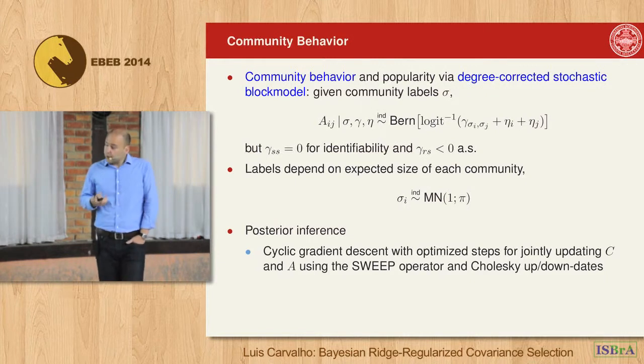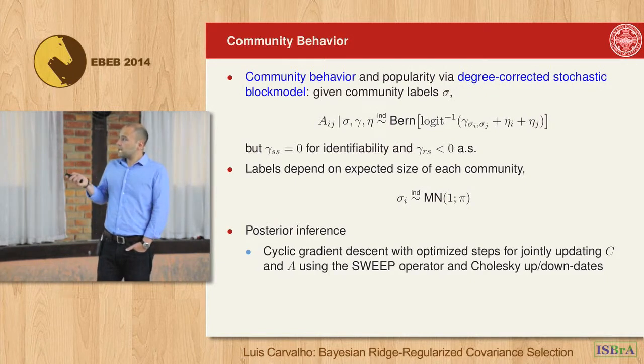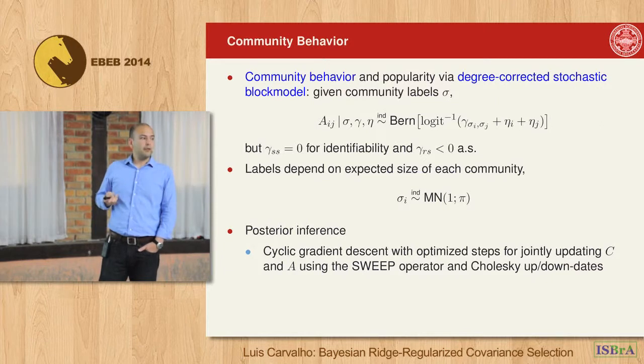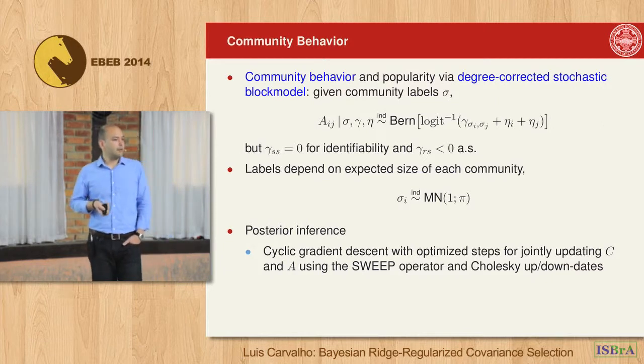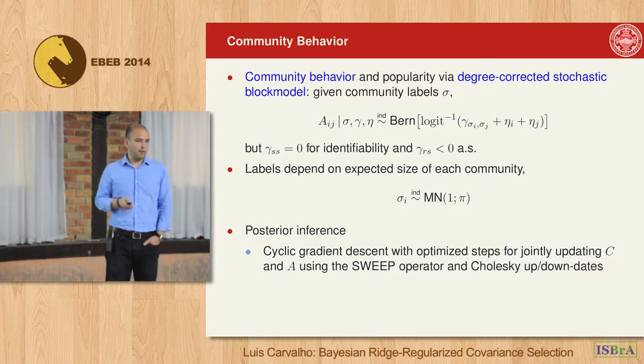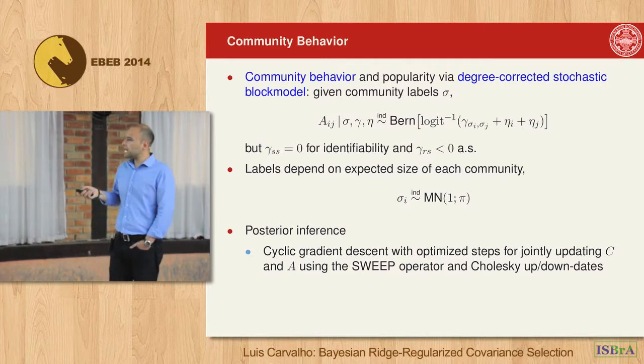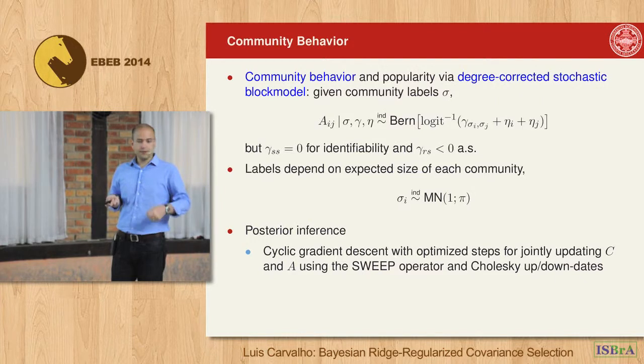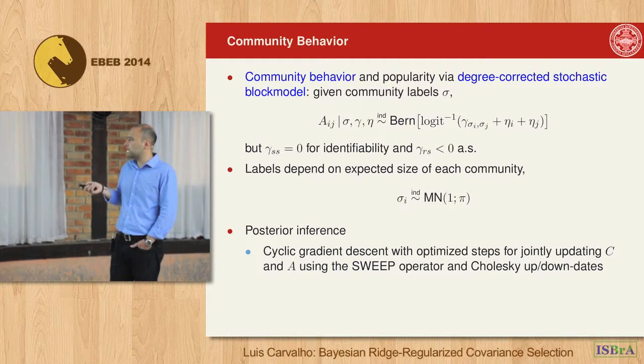I'll talk briefly about posterior inference. Posterior inference in this case can be a little bit challenging. We tried both approaches. We tried to just find the MAP estimate of each one of these parameters, and we also tried an MCMC approach. And I'll just briefly mention that if you want to find the MAP estimate, then we can use a few tricks. The most important tricks that we use, you can check the paper in the proceedings for the details.